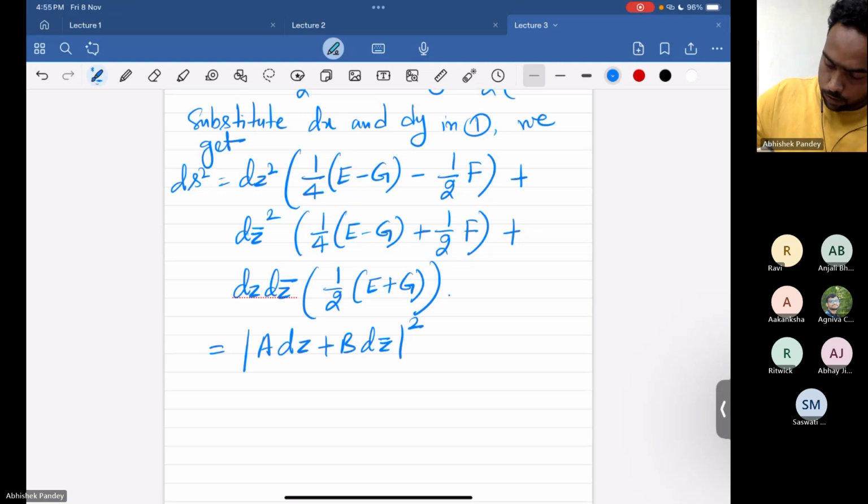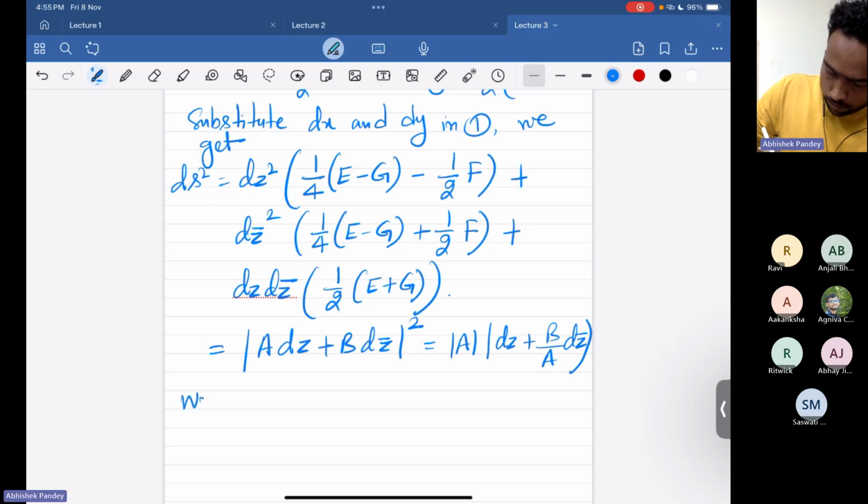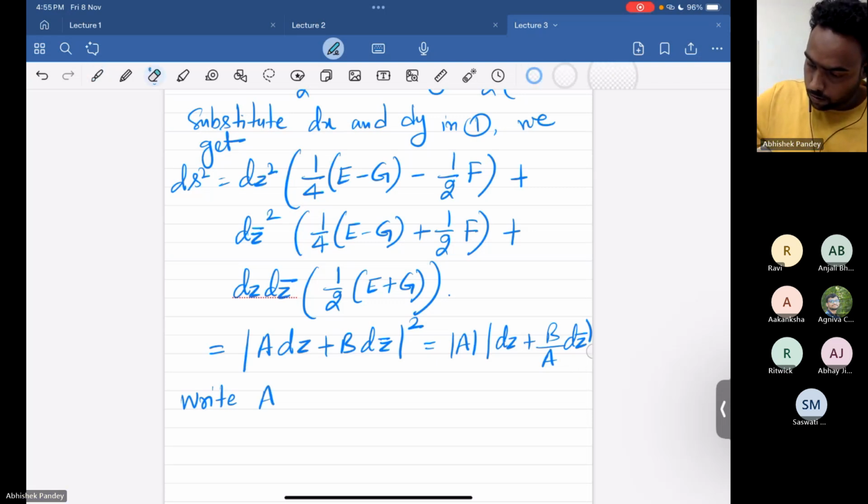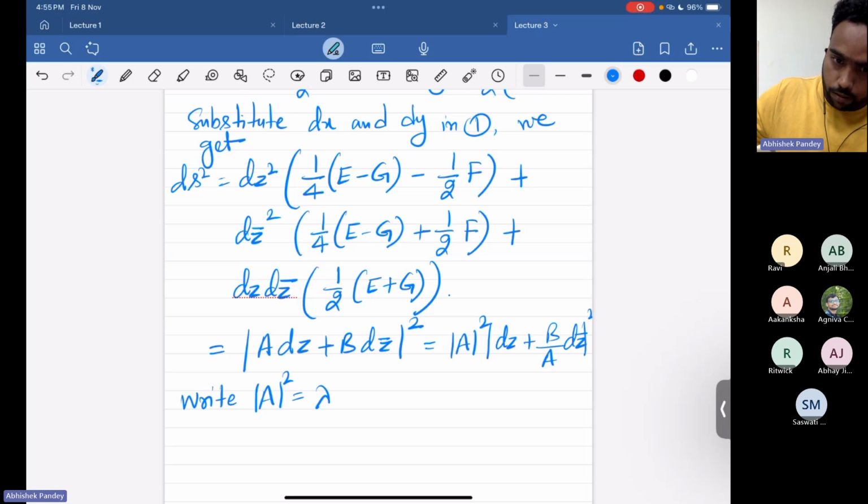We take A common out: A squared times dz plus B by A dz bar. Mod A square is some lambda. Observe that these are functions only, so this lambda is lambda of x comma y.